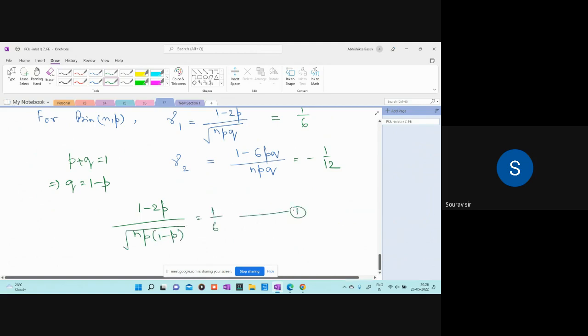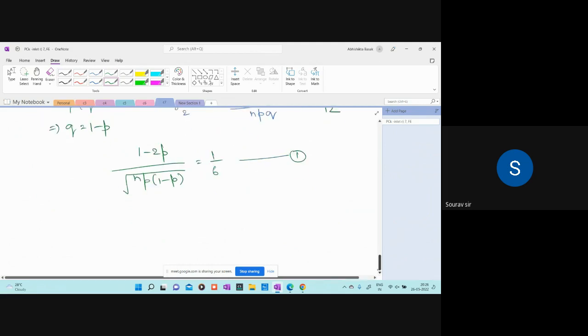That is my equation 1. And (1 minus 6p into (1 minus p)) by np into (1 minus p) is equal to minus 1 by 12. That will be my equation 2. Now we are going to solve these two equations. Can you solve and tell me the value of n and p?